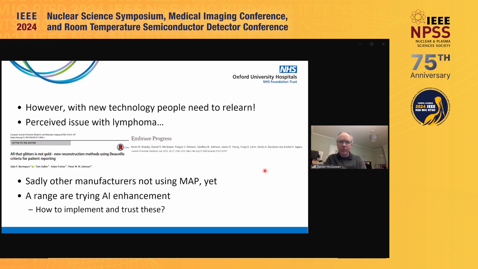However, with any new technology, as I mentioned with the lung thresholds, people do need to relearn, I think. Especially with MAP, there's been a perceived issue with lymphoma, and similarly with PSF modeling. There's a perceived issue that particularly with lymphoma, this matters. That's principally because in lymphoma, the way it's done is something called the Deauville criteria.